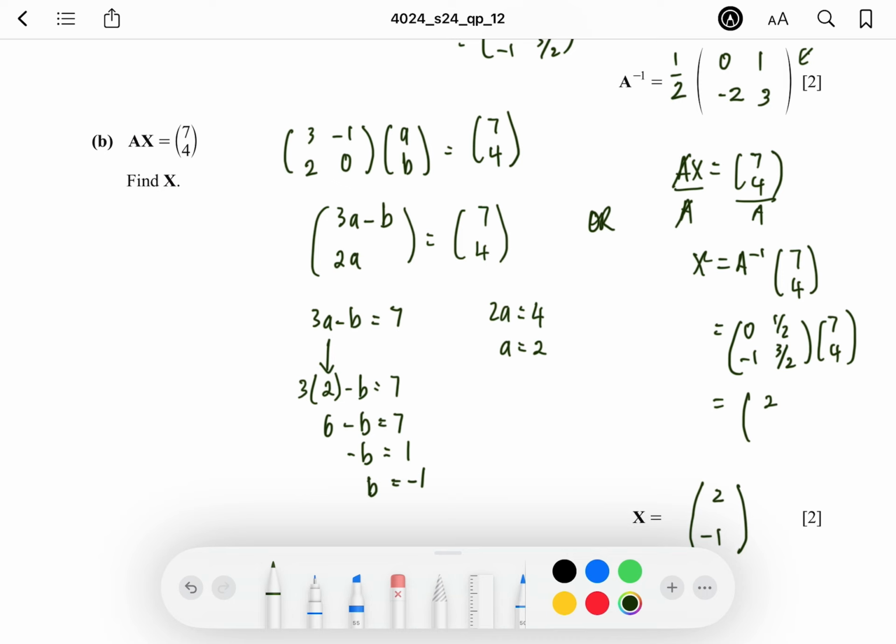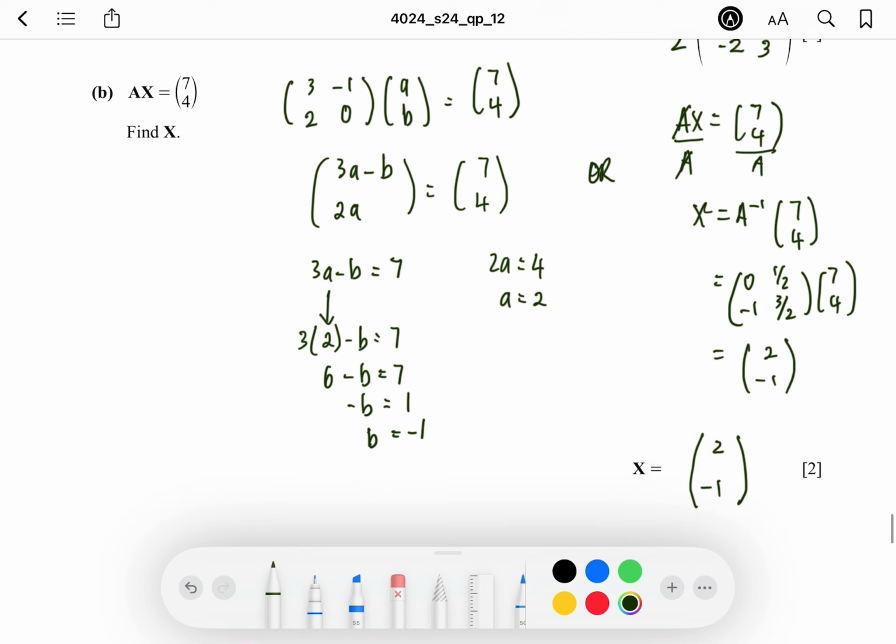Minus 7 plus 6 is equals to minus 1, which is the same thing. So that's one of the uses of the inverse matrix as well. Okay, so you may choose whichever yang relatable to you.